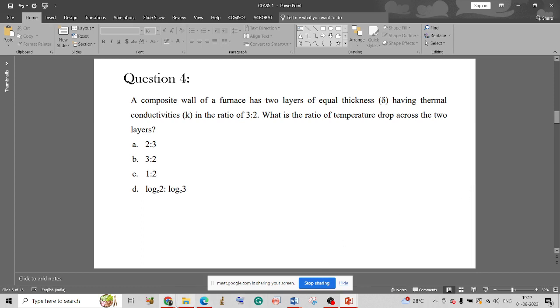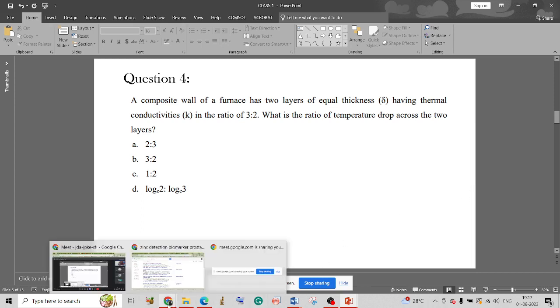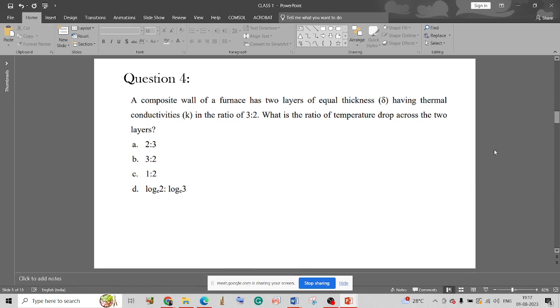Solve this and tell me the answer. I won't be able to see the meet, so if anyone wants to answer, kindly unmute yourself and answer.